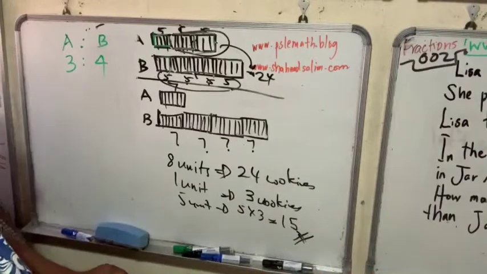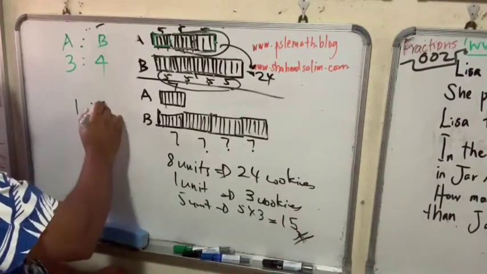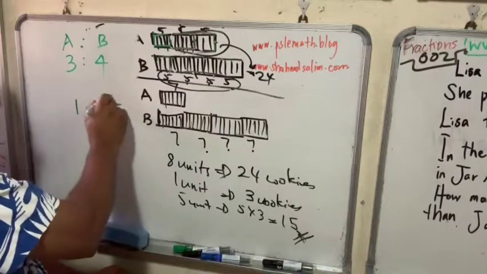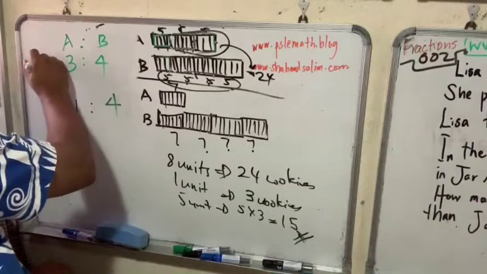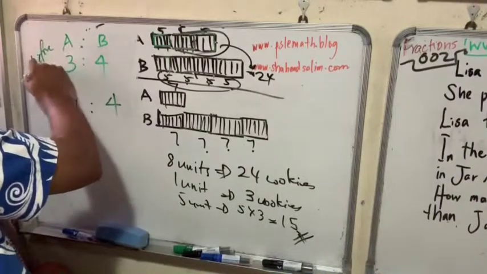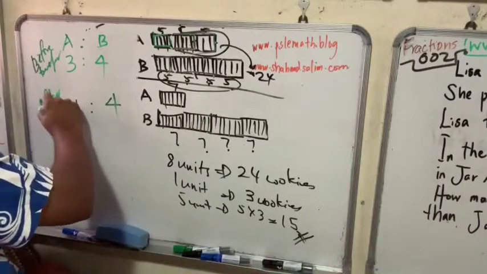Later on in the end, there will be 1 is to 4. This is before the transfer. This is after the transfer.